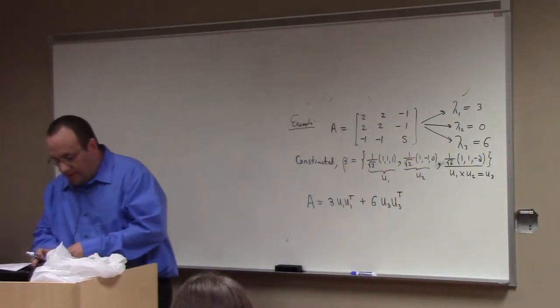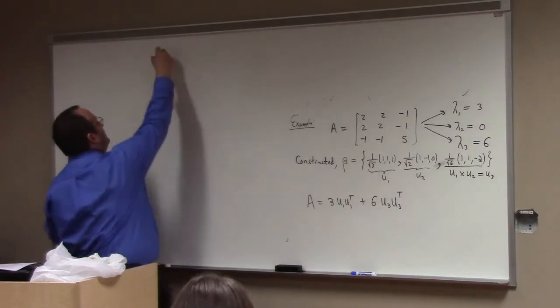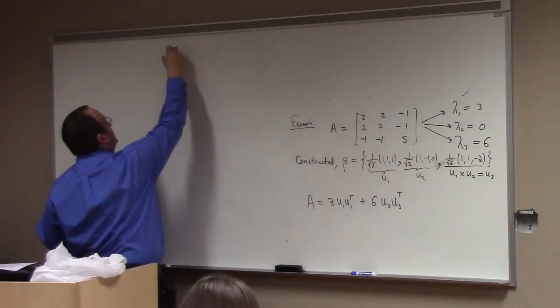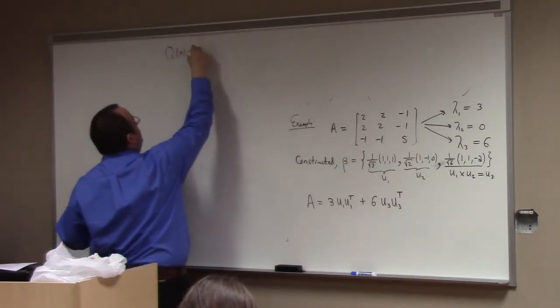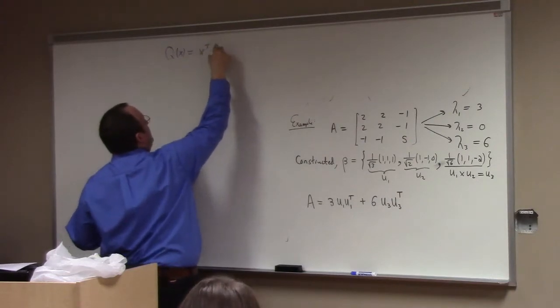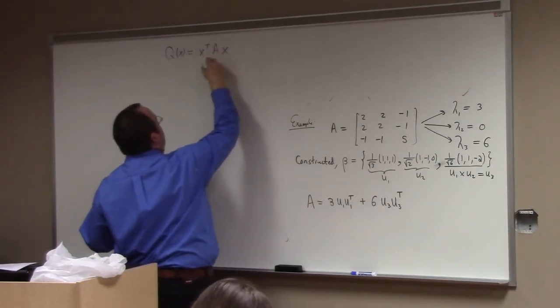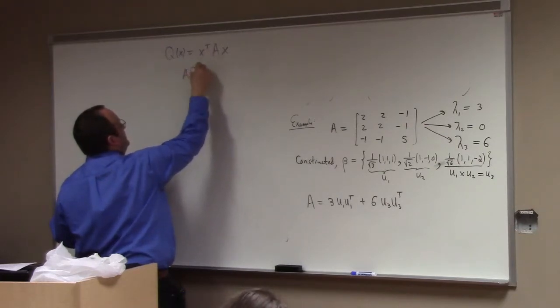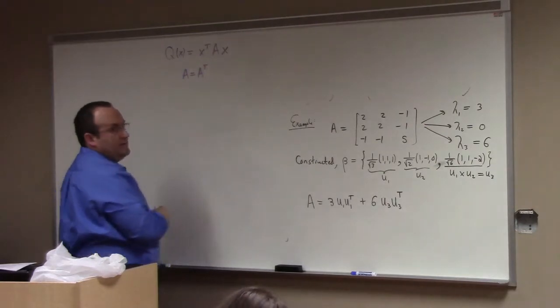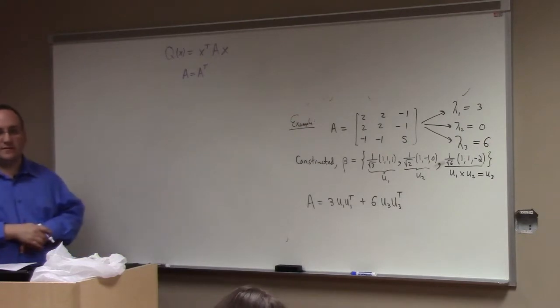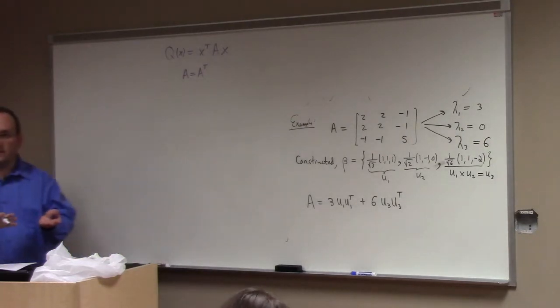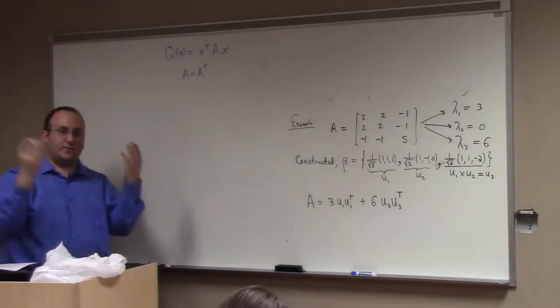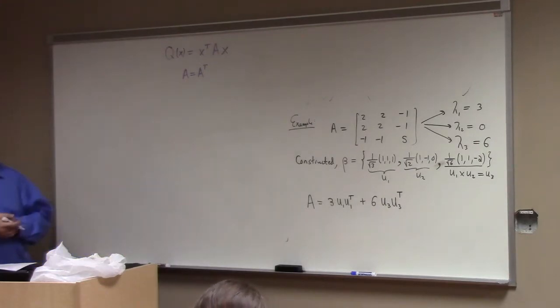We start with a formula. Let's say we have a quadratic form, q of x equals x transpose A x. Right here, A is equal to A transpose. So what's that mean? The real spectral theorem applies. That means we can find an orthonormal eigenbasis for A.